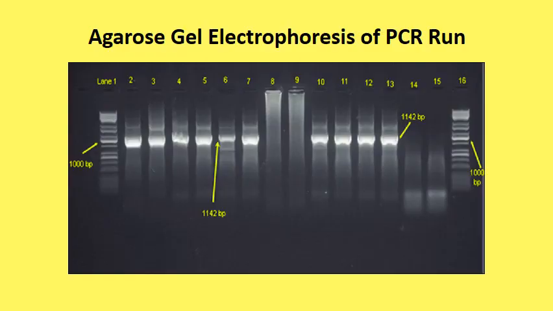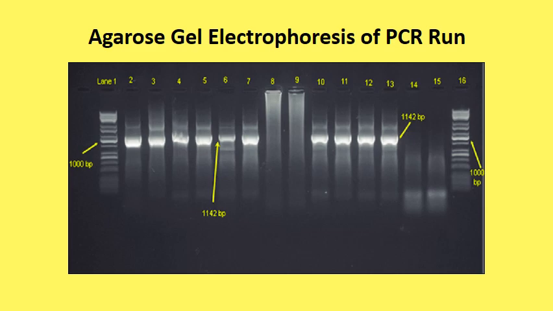The final step of the PCR protocol is agarose gel electrophoresis for the PCR run, in which the final product is represented with a dark background and the DNA taking a light appearance.